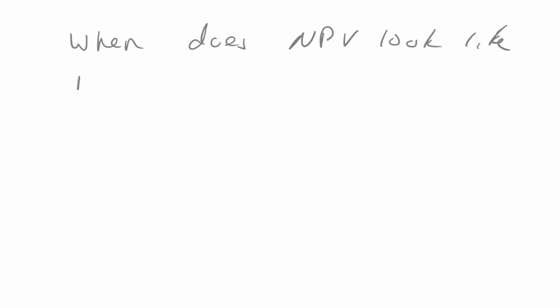Now, when might it look like that graph? When does NPV look like this?